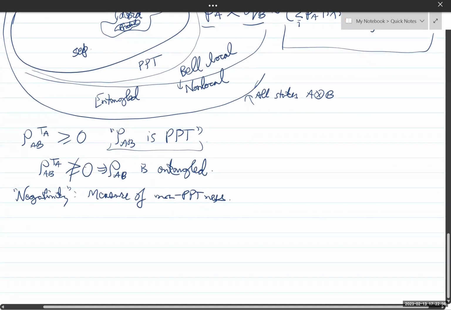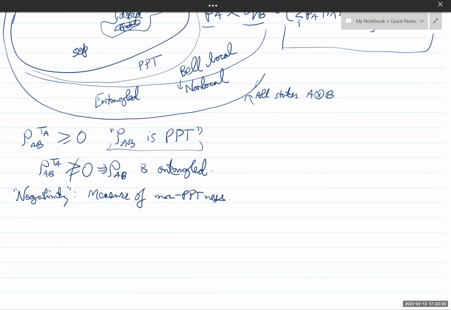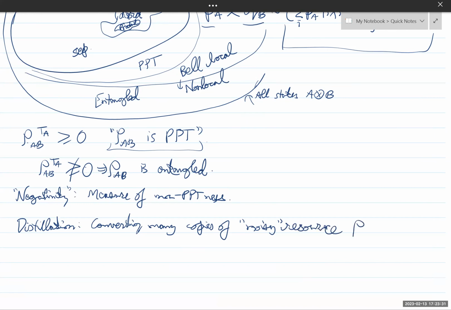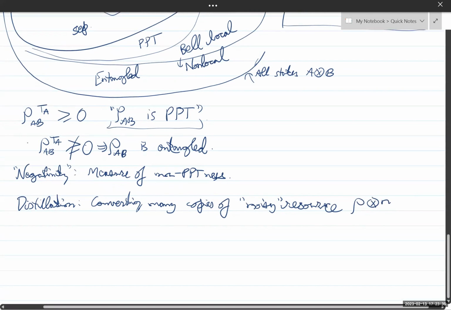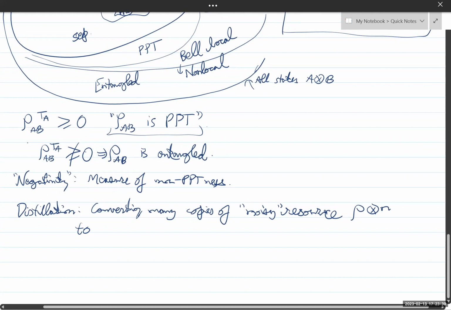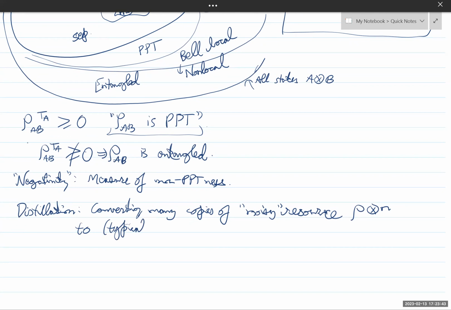Something that I know is related to a concept that I haven't yet discussed, but I will get to, is something called distillation, which roughly speaking is converting many copies of a noisy resource, something like rho to the n copies, to typically fewer copies of a good resource, right?